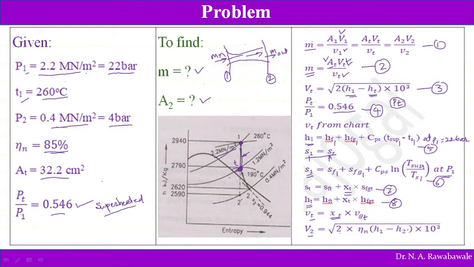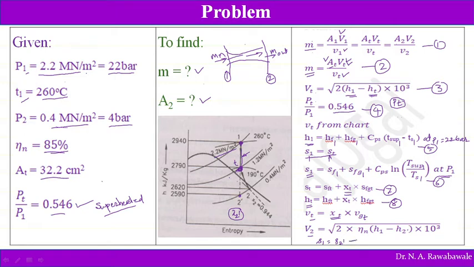V2 is equal to the square root of 2 into nozzle efficiency into (H1 minus H2 dash). H2 dash means enthalpy at 2 dash. So this enthalpy we have to find out. Again, to find out H2 dash, we have to find out X2 dash, the dryness fraction, by equating entropy at inlet 1 to entropy at 2 dash. So again S1 is equal to S2 dash.